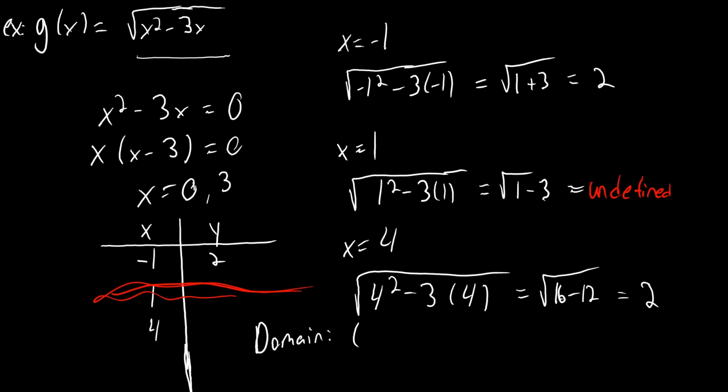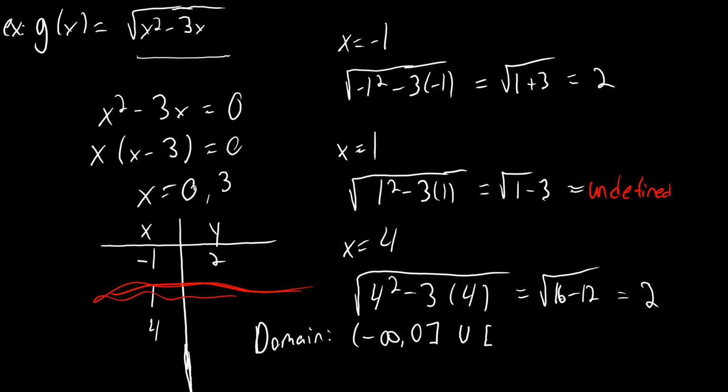So we know that our domain is going to be -infinity to 0, square brackets, and we're going to have this u. What is this? It looks like a u. It's called a union. A union is something that you use when a function is undefined over a certain interval, right? It's almost like you're kind of zipping it together.